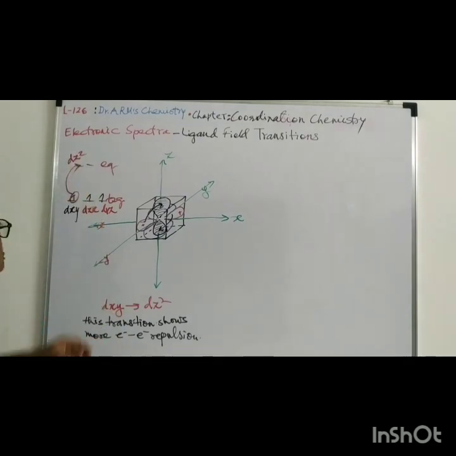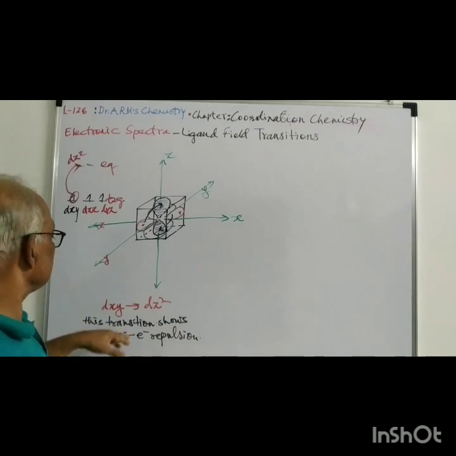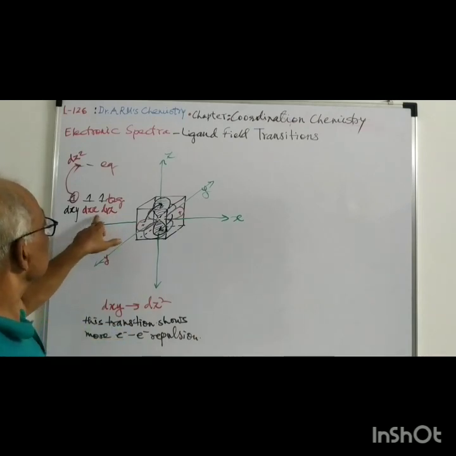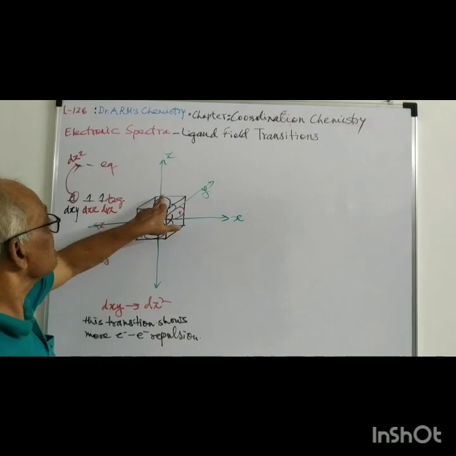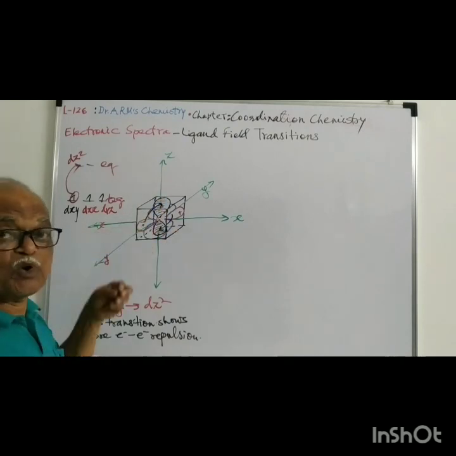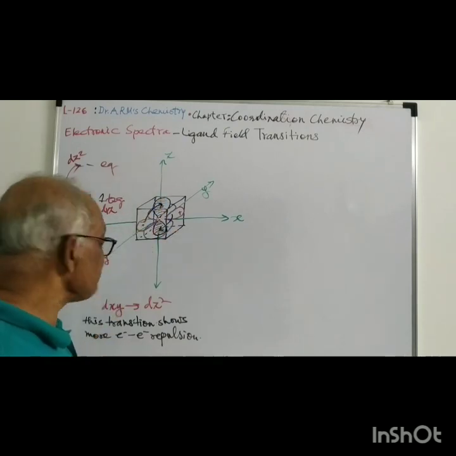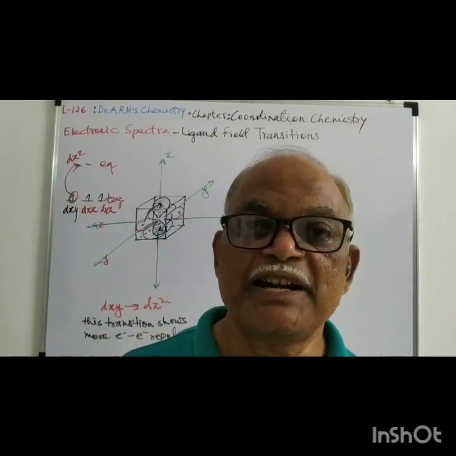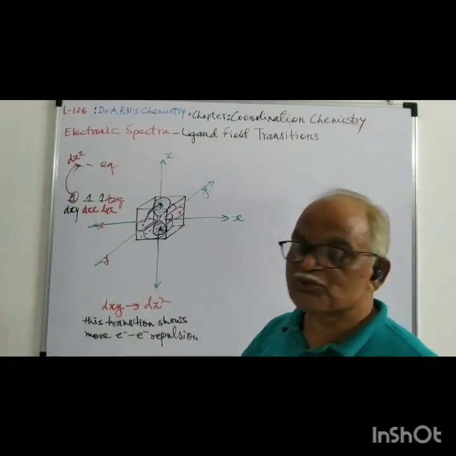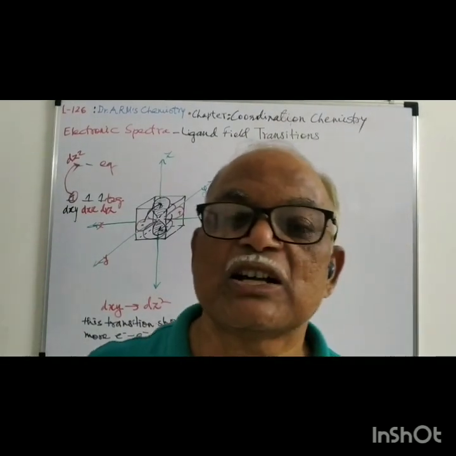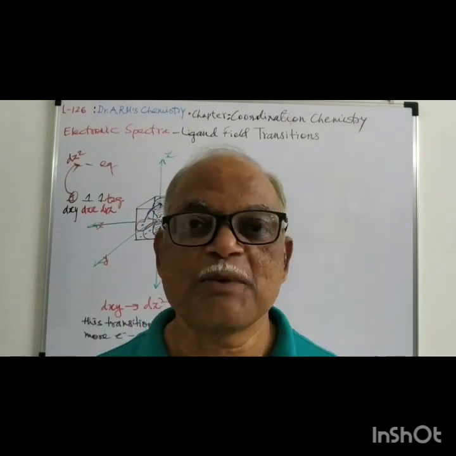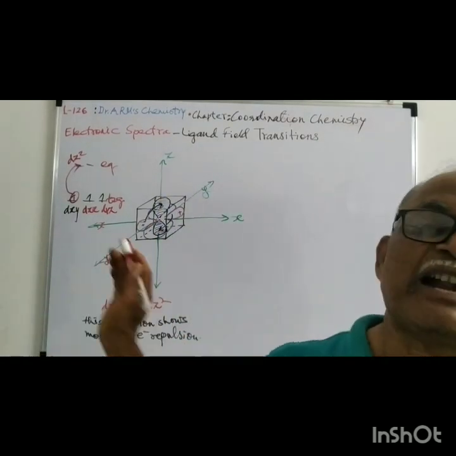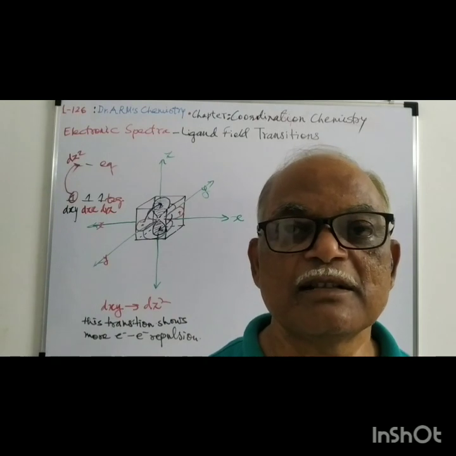This electron, when it moves to dz2, suffers strong repulsion because of these electron-rich orbitals, which are lying closer to this dz2 orbital, and that is why it shows a larger, broad band, and it is higher, as we have seen earlier in the spectrum, at around 28,500 per centimeter. First, the larger band occurring on the higher energy side in the spectrum.